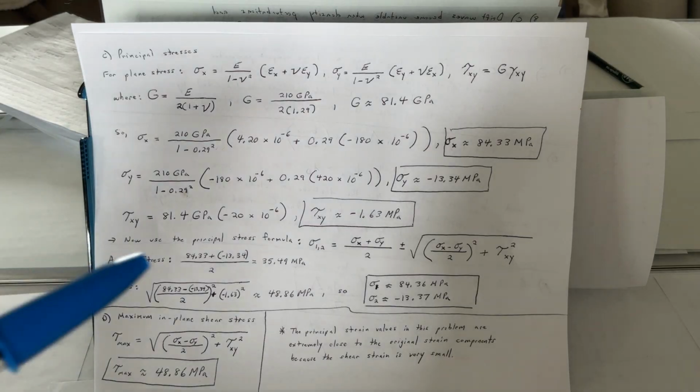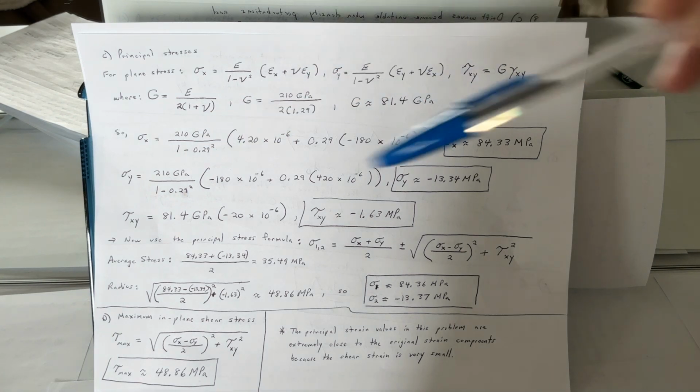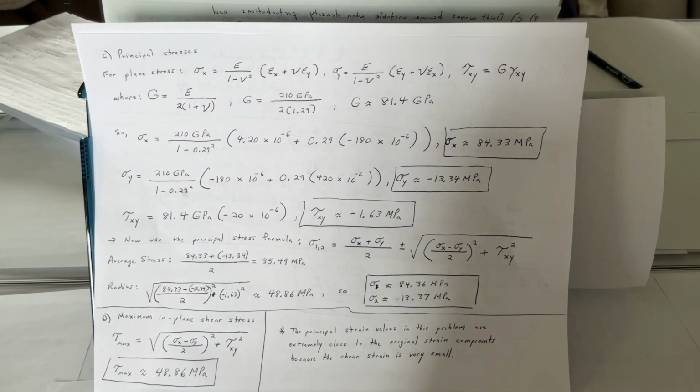So our sigma sub x is 210 GPa over 1 minus 0.29 squared times this whole quantity here, 420 times 10 to the negative 6 plus 0.29 times the quantity negative 180 times 10 to the negative 6. And that's where we get sigma sub x is about 84.33 MPa.